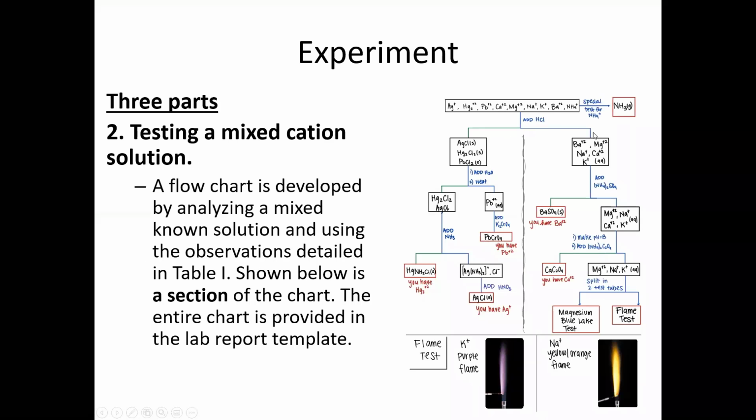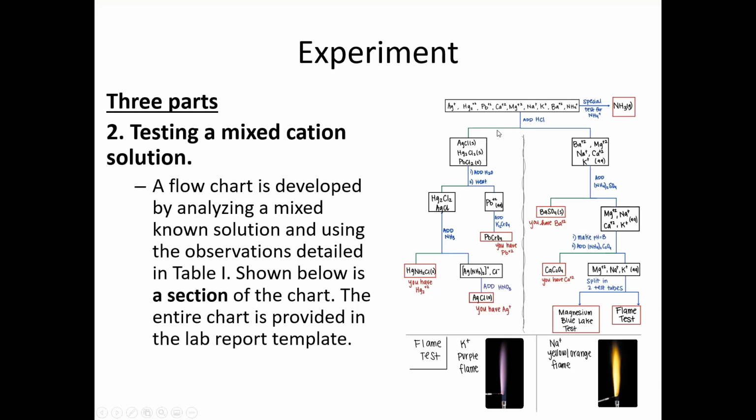This flow chart has the same structure as the anion one. You start with all the cations in one solution, a mixture, and the first step is to add HCl.